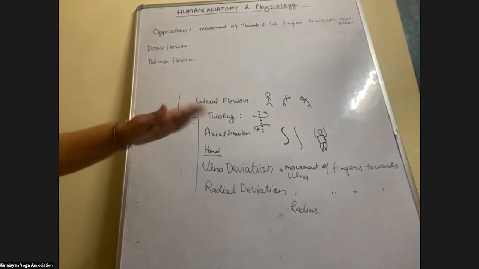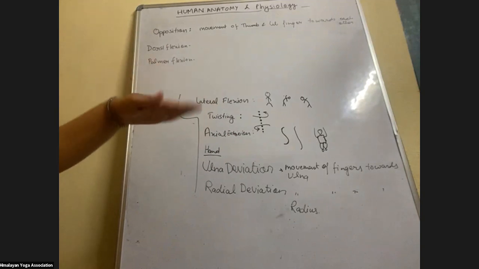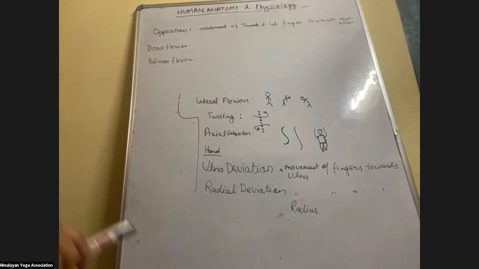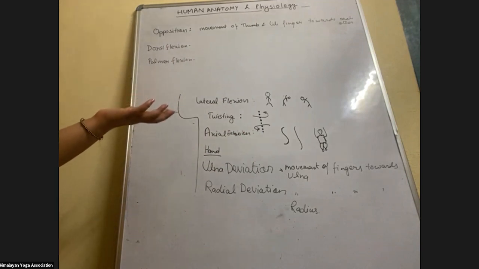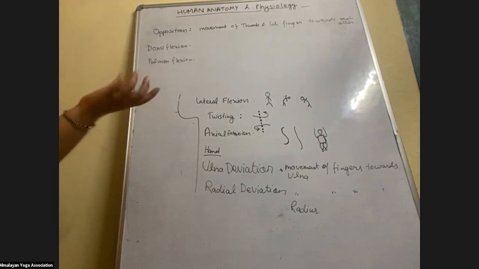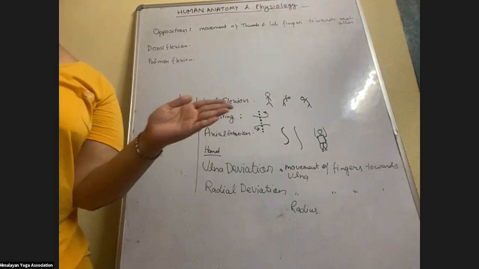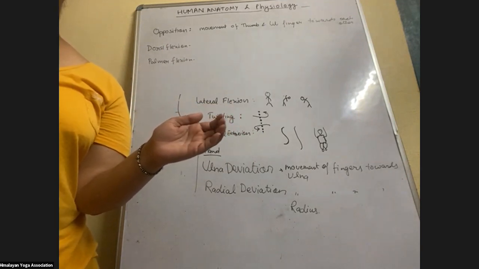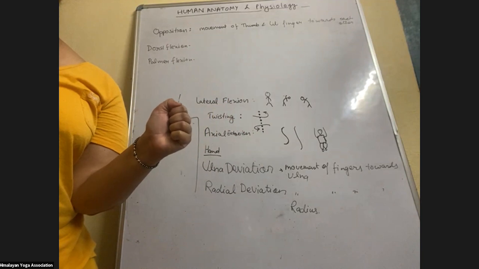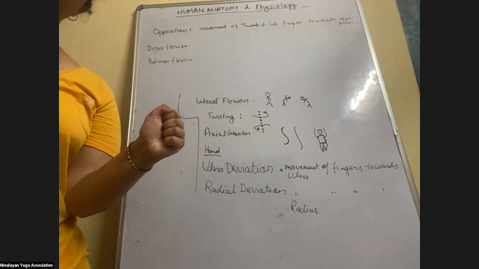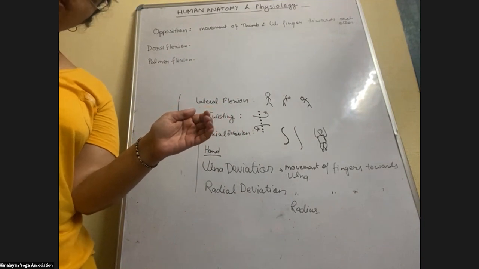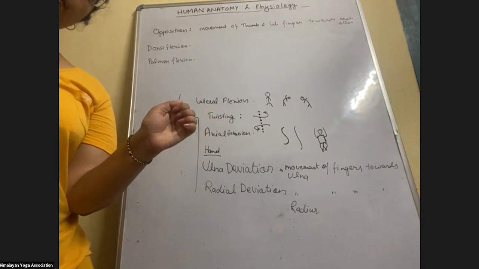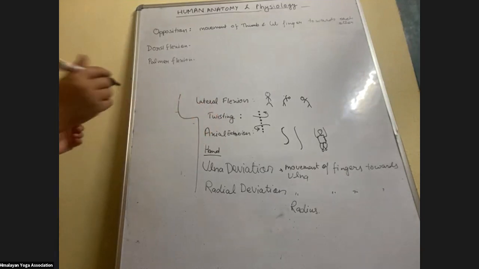This is dorsiflexion. This is palmar flexion. Then there is finger flexion. If I'm reducing the angles here, it is finger flexion. If I'm extending them, it is finger extension.